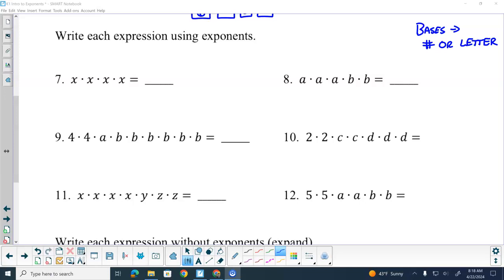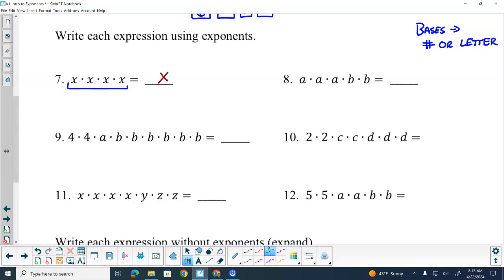So in this particular case, the only letter that I see is X. That means in my answer, I'm going to need an X. If there is a base, a distinct number or letter, in the problem, I need it in my answer. And then I go back and count up how many of those X's there are.